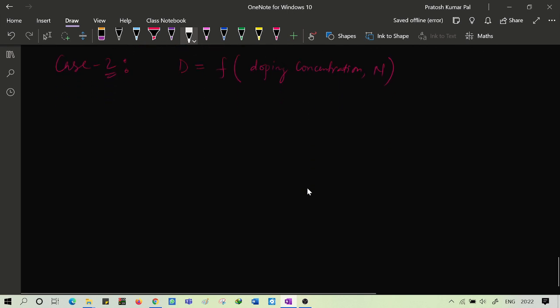In this case it does not have a direct fixed constant relation.